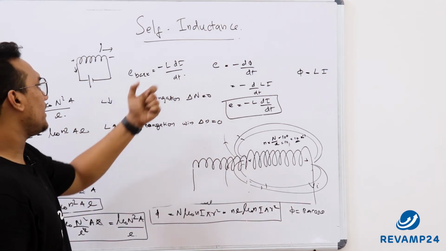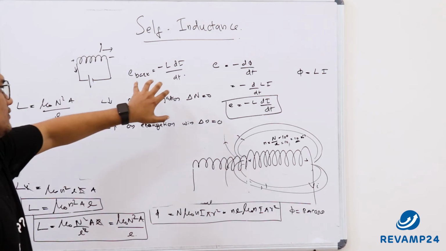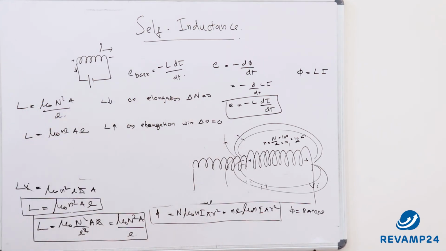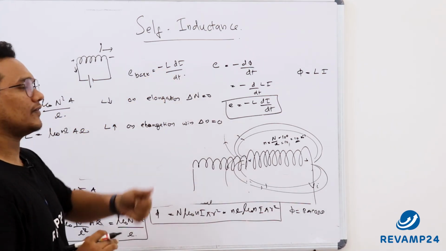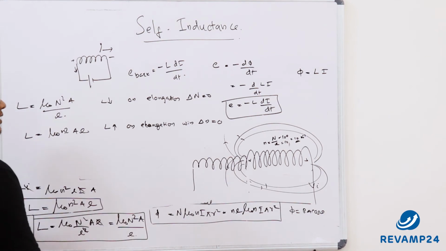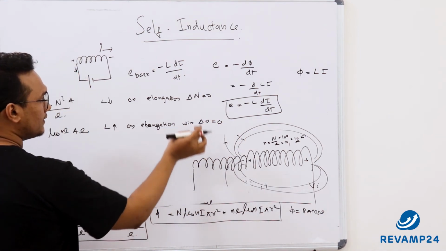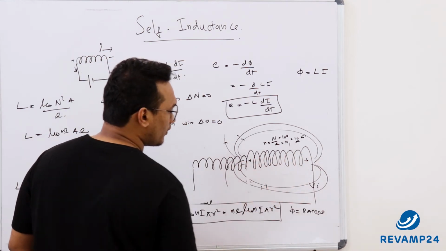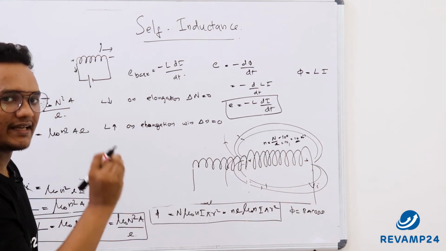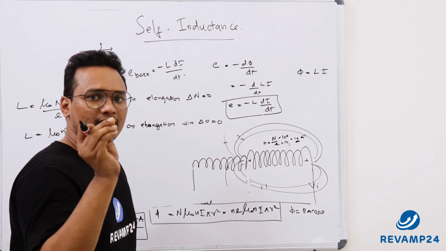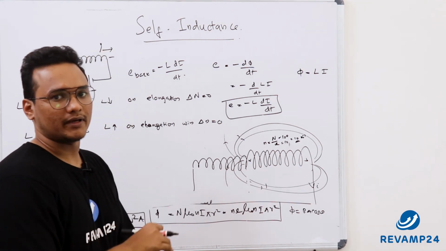Now this is a very important equation, that using this we can define what is self-inductance. Say for example, we have made the current flow in a circuit in such a way that every second the change in current is 1 ampere.